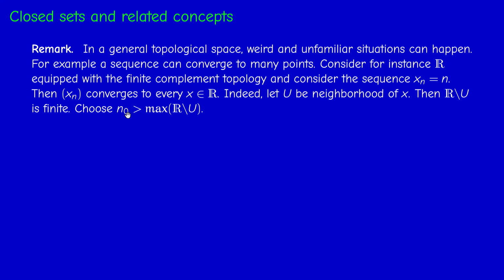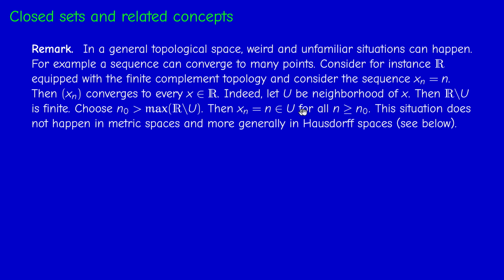Therefore, we take an integer n0 bigger than the maximum of the elements in the complement, because this is a finite set, so the maximum exists. So if we choose n0 large enough, then what do we have? Then n actually belongs to U for all n bigger or equal than n0.